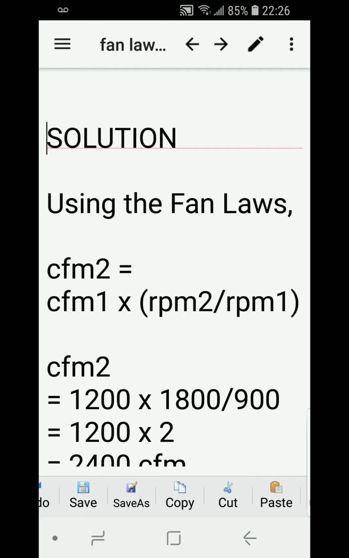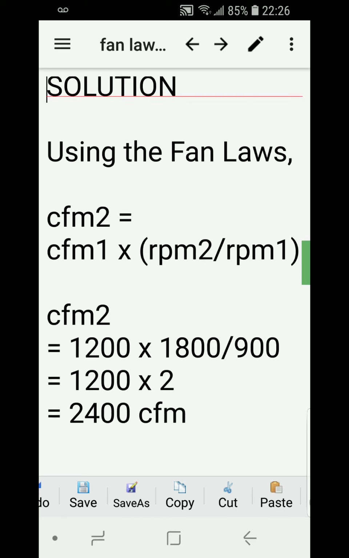If you double the RPM, or double the fan speed, you will also double the CFM, the volume flow rate of the fan.